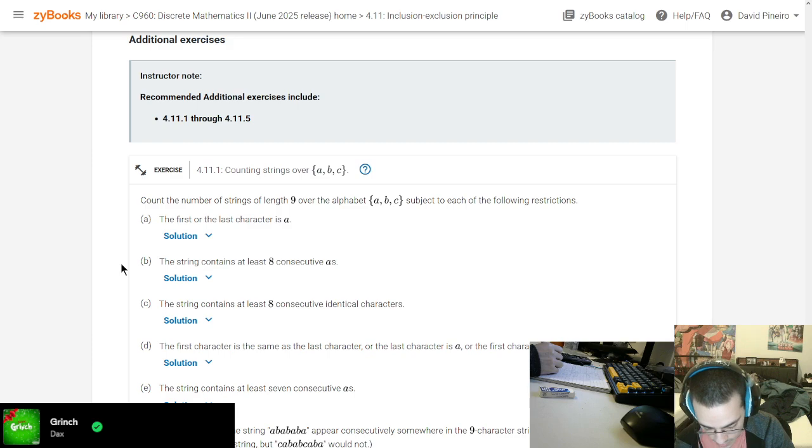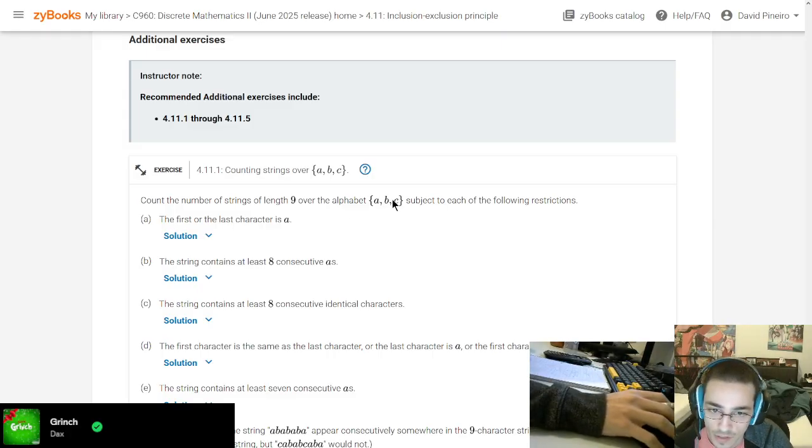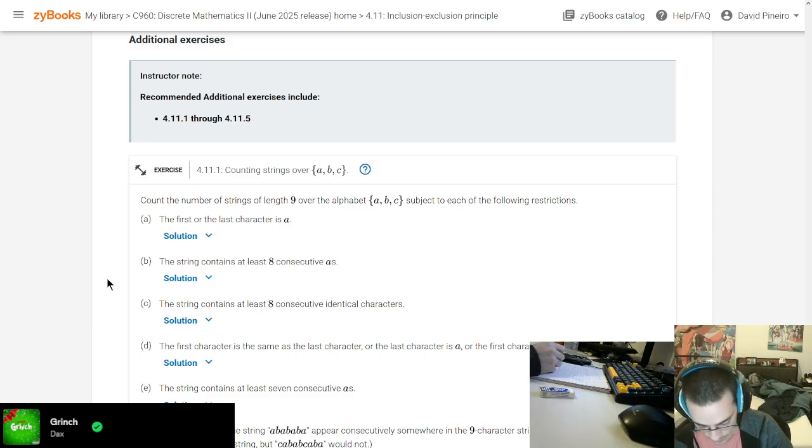So A is the first case, where the A's are on the leftmost side of the string. How many possibilities is that? That's 3, like I said, because for the last character there's only 1 character left, and we only have 3 symbols in our alphabet. It's the same for B.